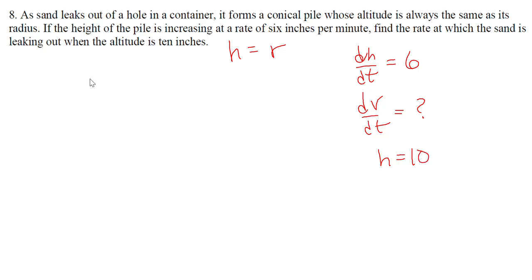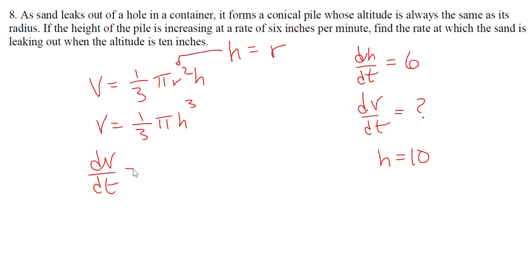So we'll just set this up as volume is equal to 1/3 pi r squared h, because that's the volume of a cone. We want to do this all in terms of h because we have an h value and a dH dt value. So we'll just replace the r with h, giving us volume is 1/3 pi h cubed. When we take our derivative, dV dt is going to be pi h squared dH dt.